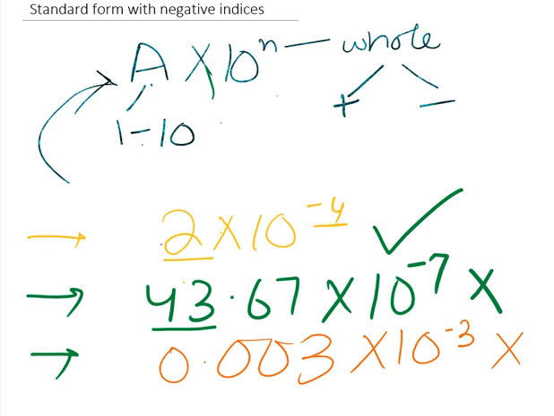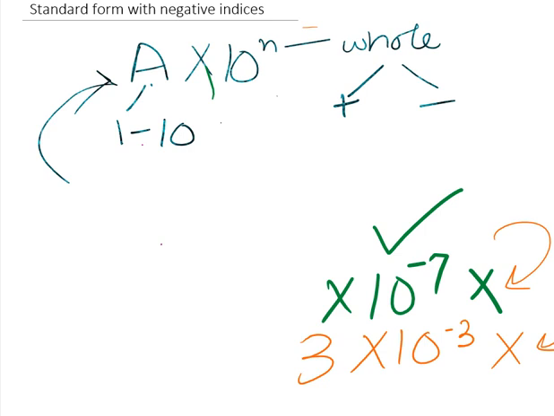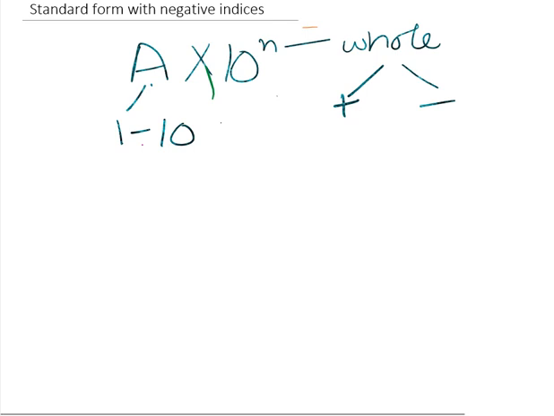Now let's look at some examples of how to make standard form with negative indexes. Actually, we need to convert these examples into ordinary form, and then we will convert them into standard form. Let's take 0.02.